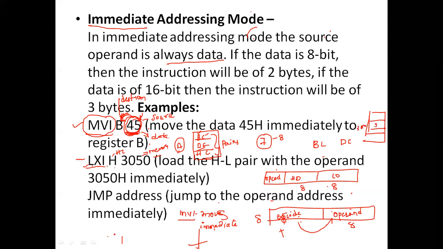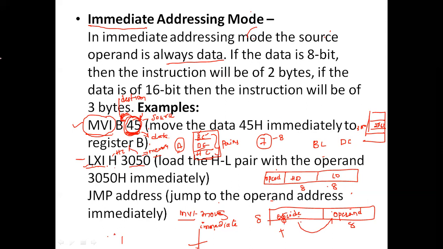In this 3050, 20 data is there. Suppose 2061 is there. So what we are specifying here is, whatever data is in this address 3050, move that data into the HL pair immediately. So that is the indication.